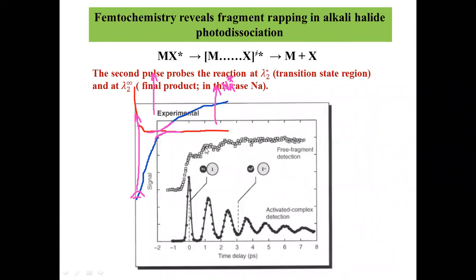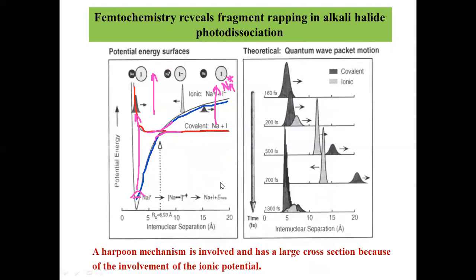Every time sodium leaks through this upper curve, I'm going to get accumulated oscillation. But this is the activated complex, so every time it leaks, the intensity of the activated complex is reduced. Right. So that is the way we can explain this.